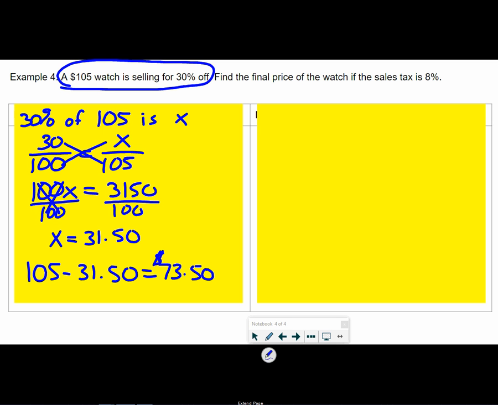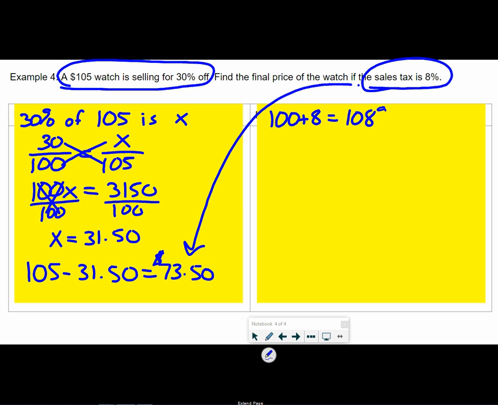Now in the second part, I'll use method number 2. Now I have to find the sales tax. When I do the sales tax, I find it on the new price, not the original, because I don't want to pay tax on the money I didn't spend. So I'll do method number 2. 100 plus 8 is 108%. So I get 108 over 100 equals X over 73.50.